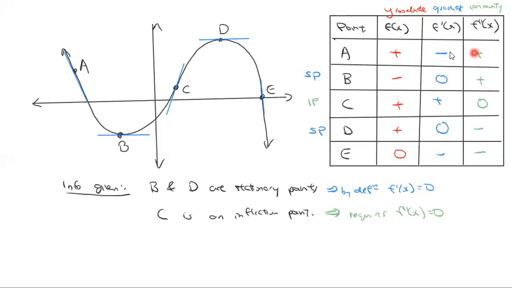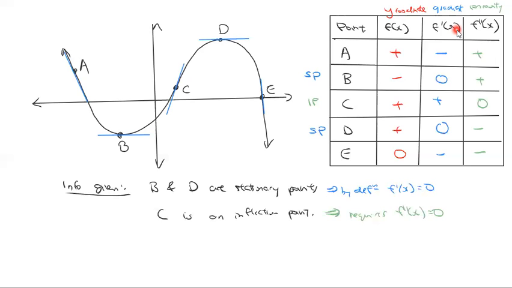So basically, f'(x) is asking you the value of the gradient, or if the function is increasing. f''(x) is asking you for the concavity of the function, or if the gradient is increasing or decreasing. Does that make sense? Yeah. Is that all clear? Mm-hmm.